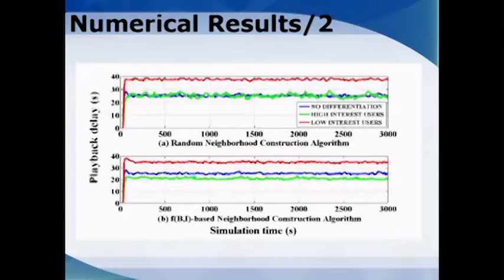As you can see, comparing the two figures, the new algorithm reduces the playback delay of both categories of users. In particular, for the high-interest users, the green lines, you can notice that the playback delay with the new algorithm is reduced by about 5 seconds.